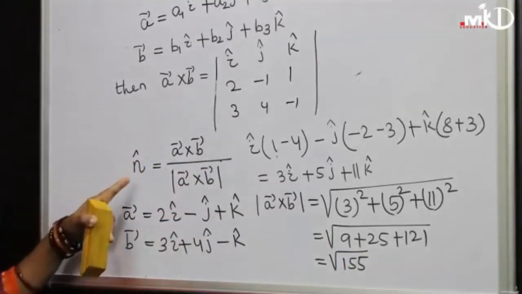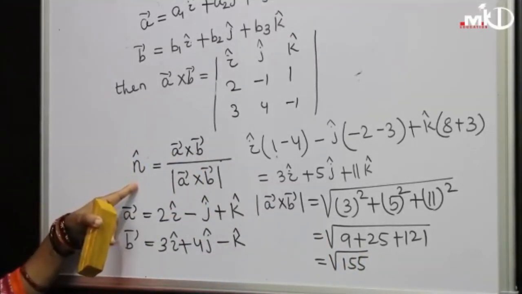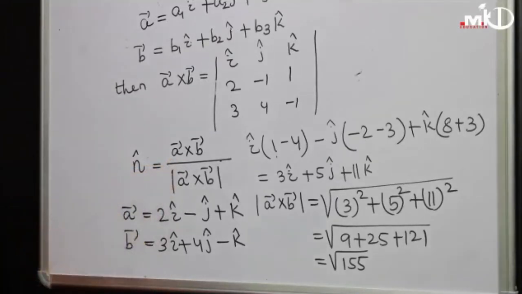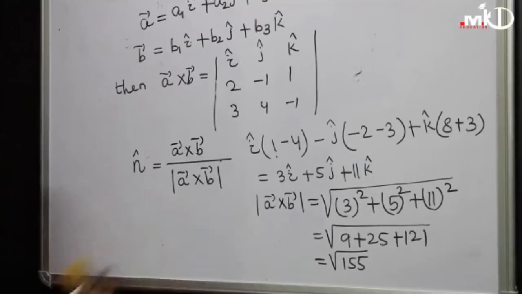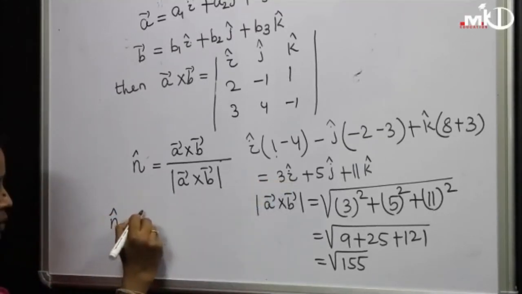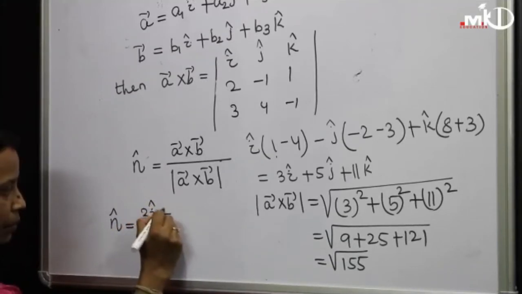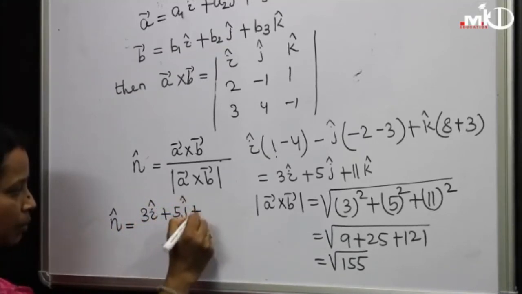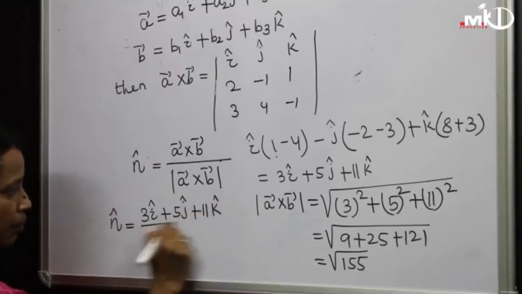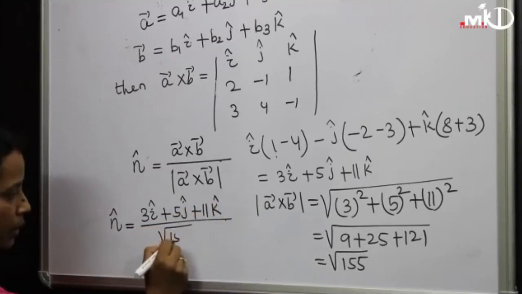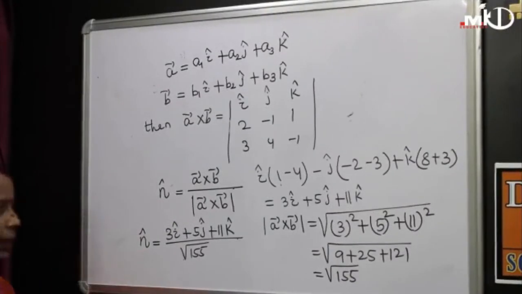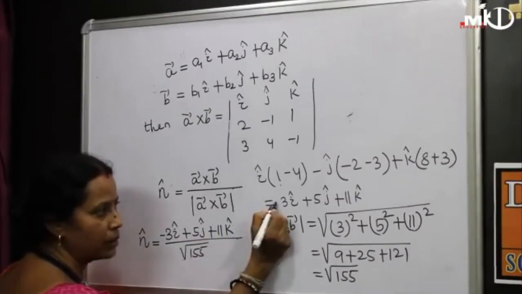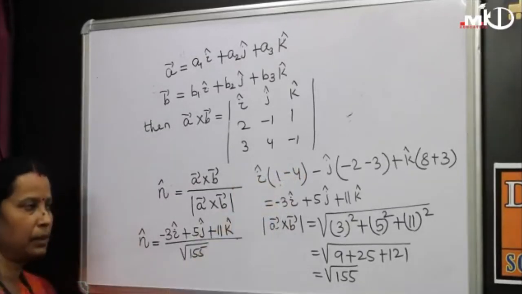Now our intention is to find the unit vector which is perpendicular to both the vectors by this formula. So the unit vector n cap is equal to this vector A cross B divided by root 155. Now you see, here it is minus 3 i cap, since 1 minus 4 is minus 3 i cap.